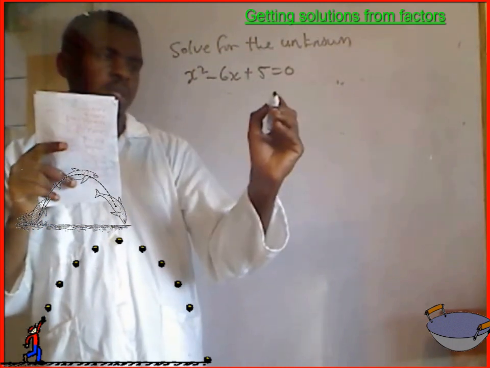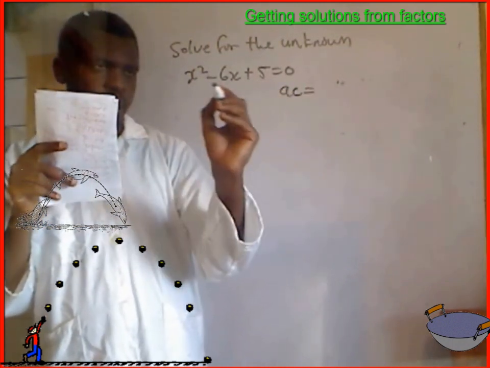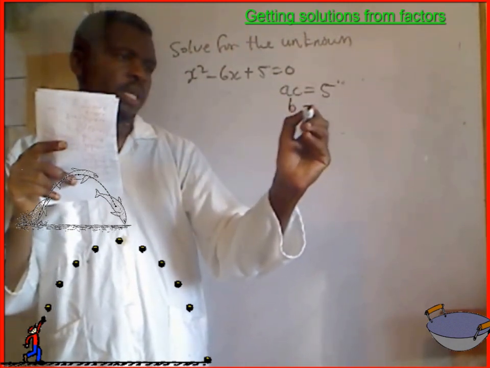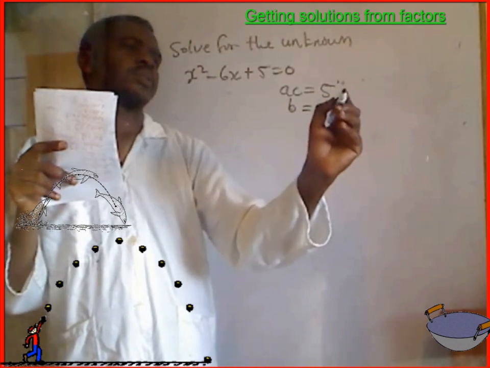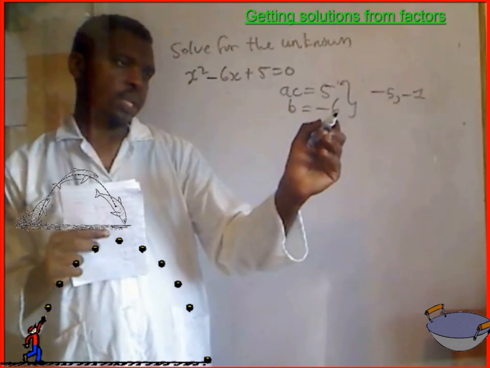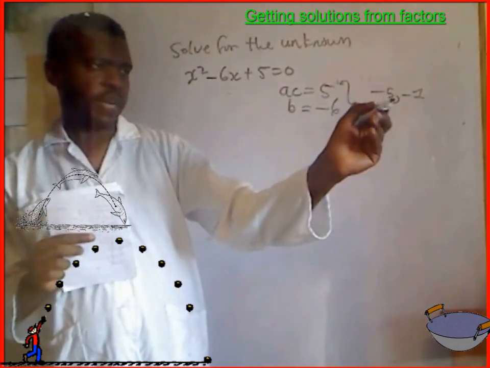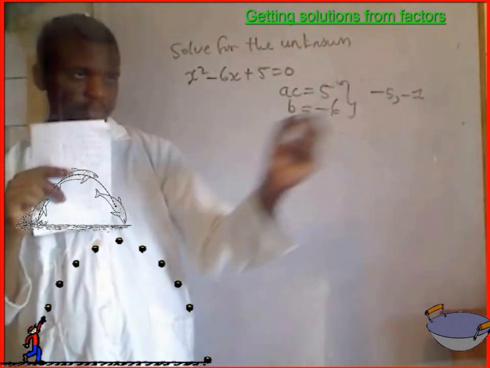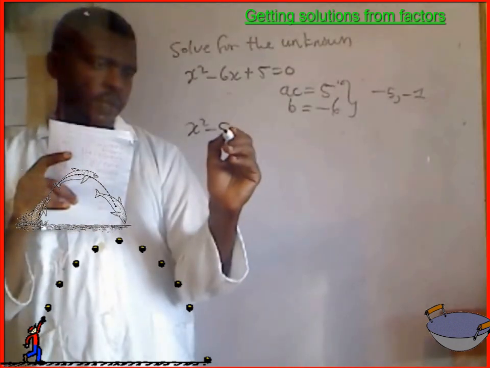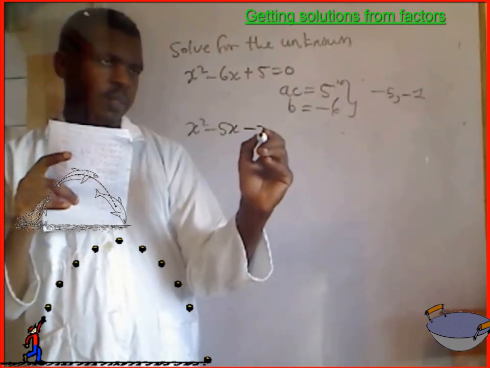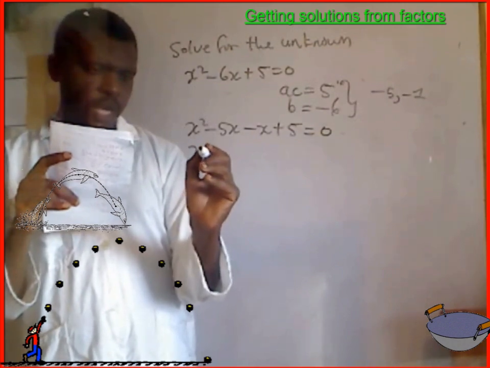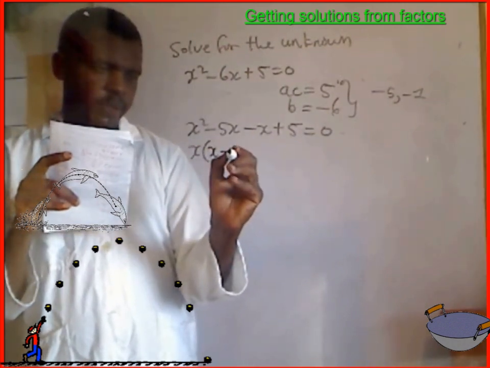Now I know the product of roots AC is equal to 5, and my sum b is equal to minus 6. What two factors of 5 that when added will give us minus 6? These numbers are minus 5 and minus 1. So here I'll say x squared minus 5x minus x plus 5 is equal to 0. x is common, x then minus 5.